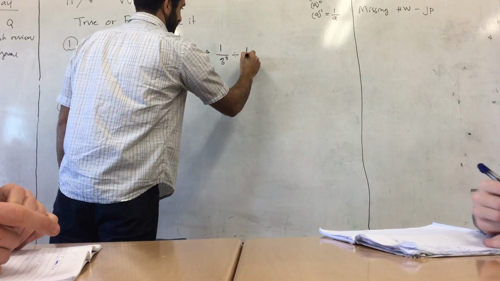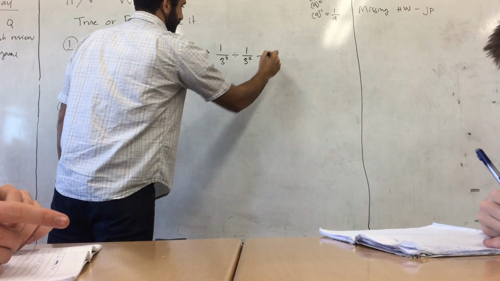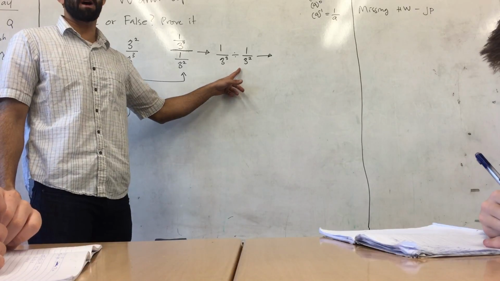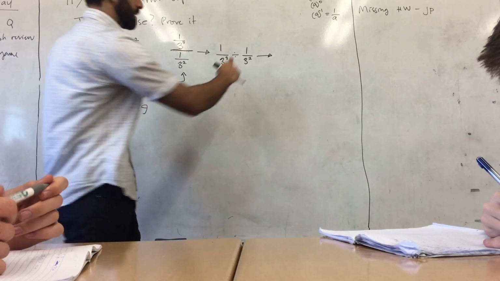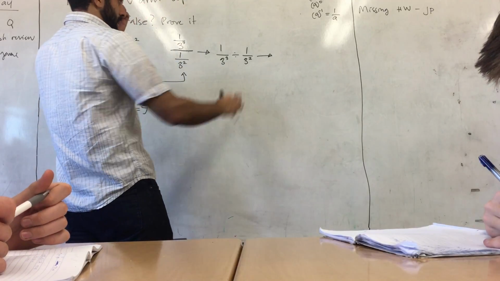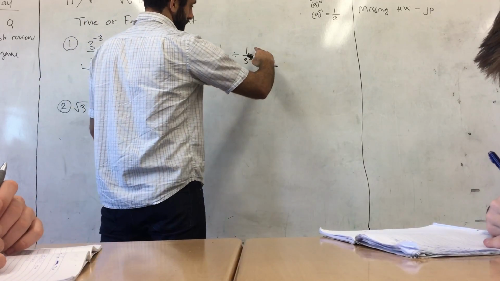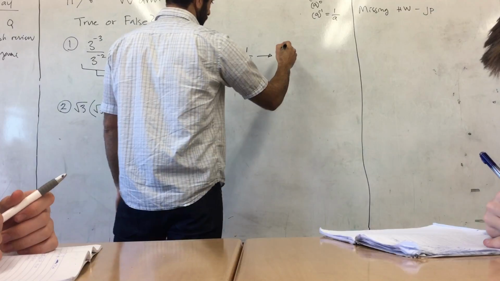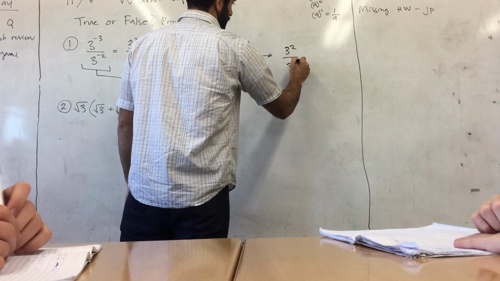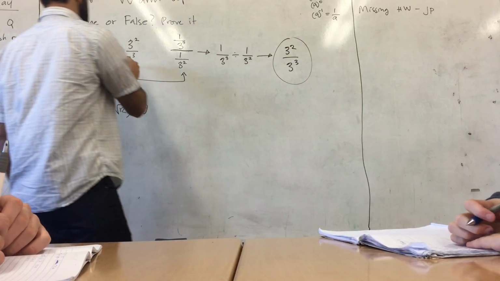You flip them. Okay, how do you divide fractions? How many times have we divided a fraction by another fraction? Reciprocate and multiply, right? You just skip it. Reciprocate, multiply. All right, you're going to end up getting this on top and this on bottom. And that is the same as that.